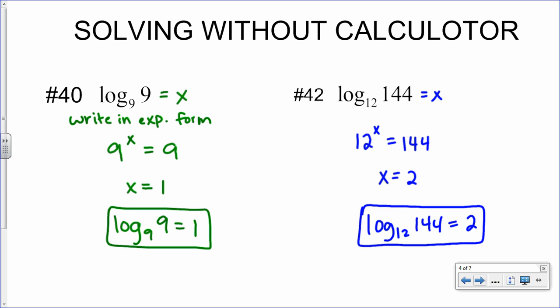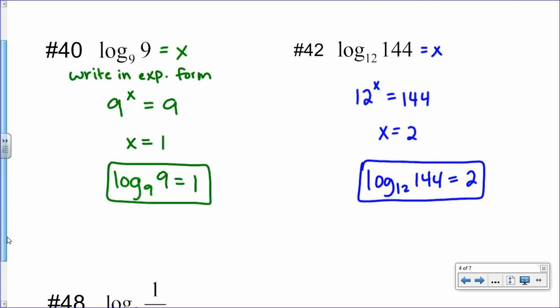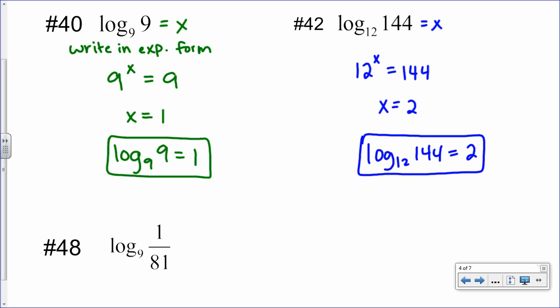So these are pretty easy so far. They do get a little bit more complicated. And even this one that we're going to do is not quite too difficult.